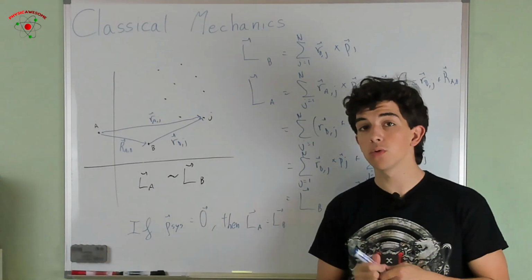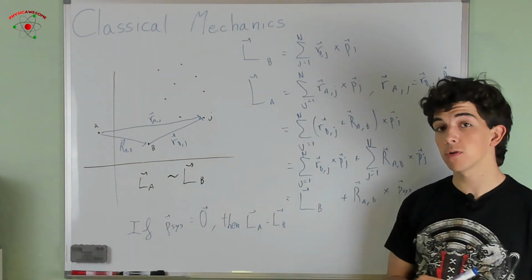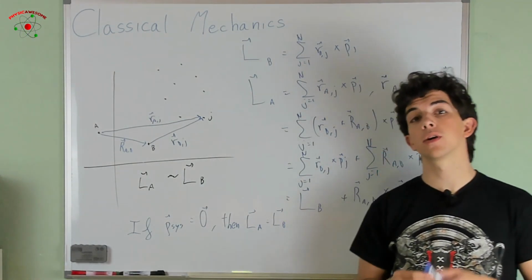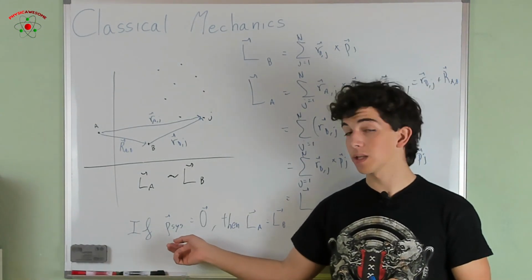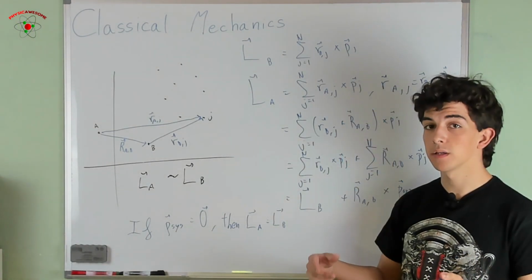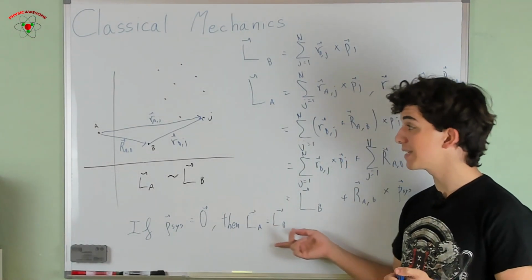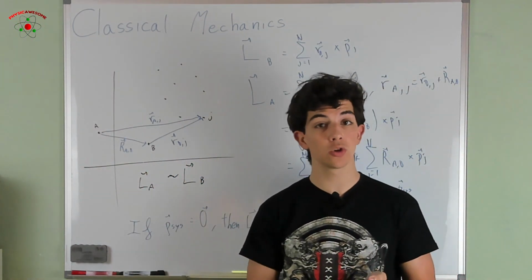And this is true for any A and any B. Therefore, we conclude, as we stated in the previous video, that when we're in the center of mass frame, which is equivalent to the total momentum of the system that we're analyzing being 0, then the angular momentum is the same no matter the reference axis that we use to measure it.